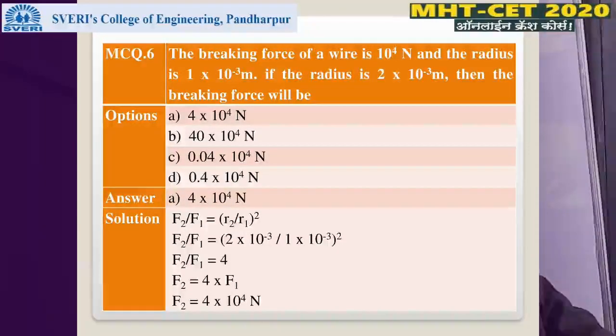So F2 upon F1 is R2 upon R1, its square. The value of R2 is 2 into 10⁻³ and R1 is 1 into 10⁻³, squared. So simply it is 4, or F2 is 4 into F1, and the value of F1 is 10⁴ Newton. So F2 is 4 into 10⁴ Newton, which is option A, which is correct.